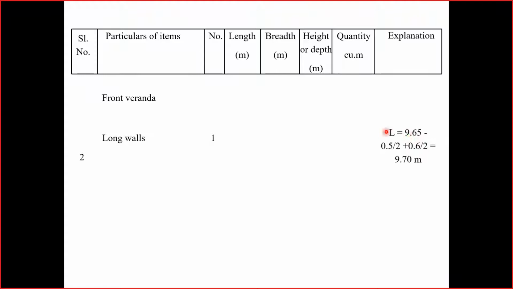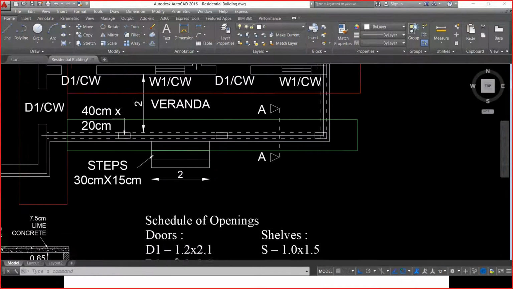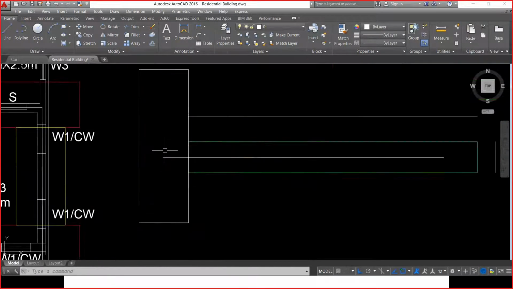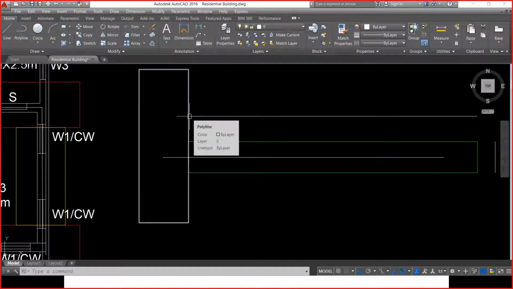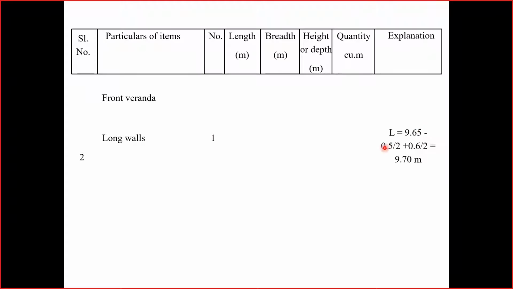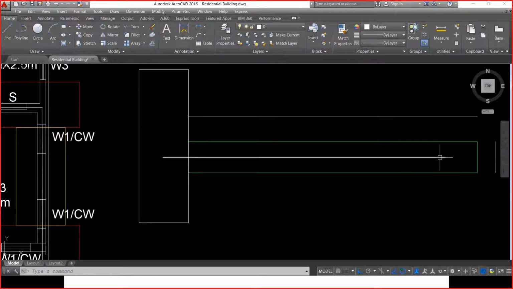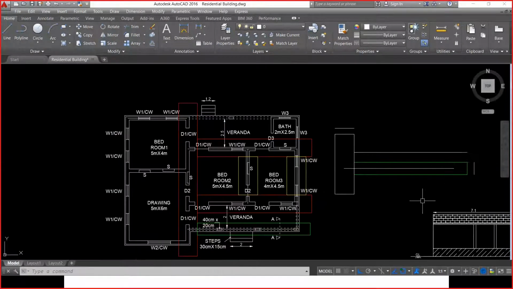Center to center distance minus 0.5 by 2, that is the second layer of the main wall thickness divided by 2, is this value, this portion. I'm going to subtract this. So I'll get the point from here, 9.65 minus 0.5 by 2, plus this missing portion here. How do I know what is the remaining length?